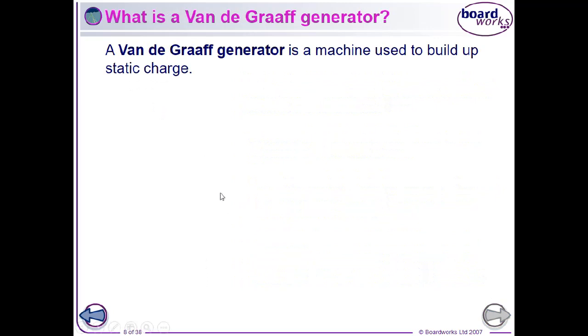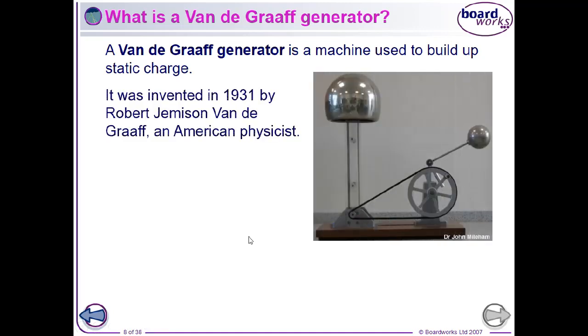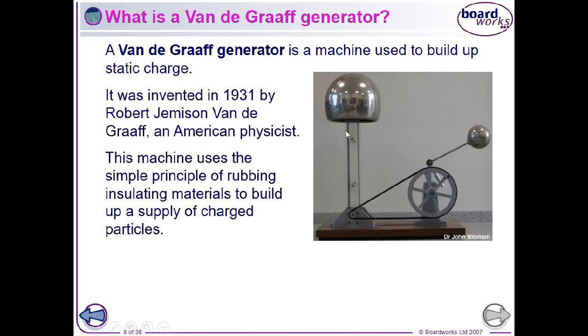Now, a Van de Graaff is a machine used to build up static charge using a motor. We have a rubber belt which rubs against a piece of mesh that's connected to this dome, and electrons will be rubbed off the belt, for example, at the top.